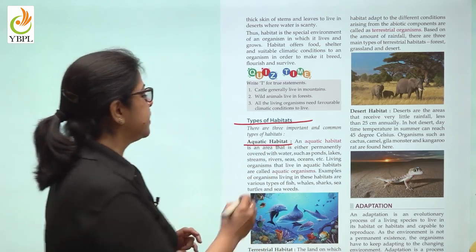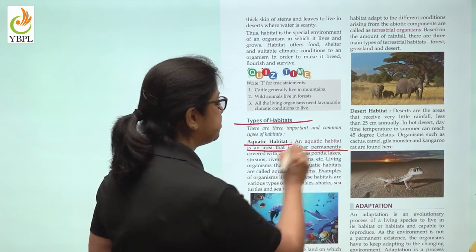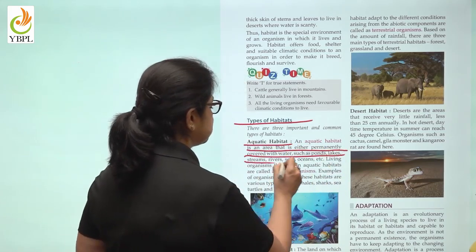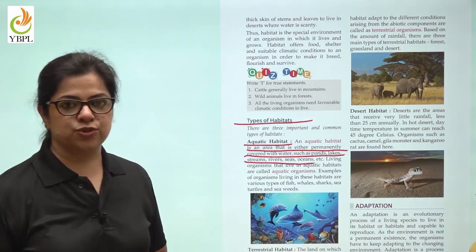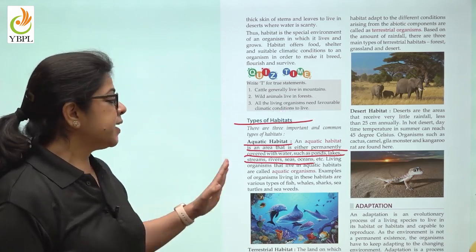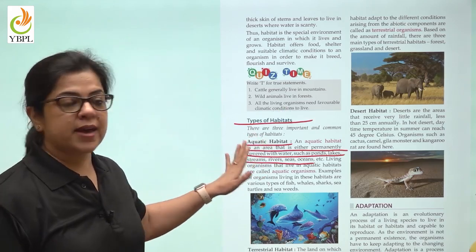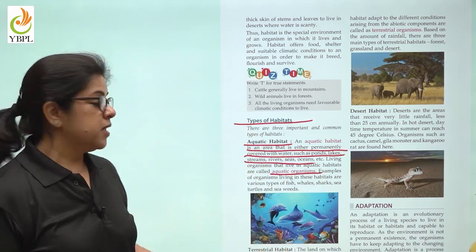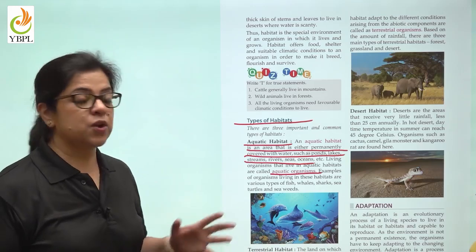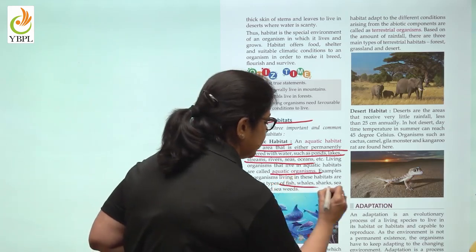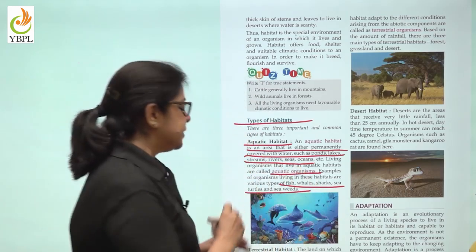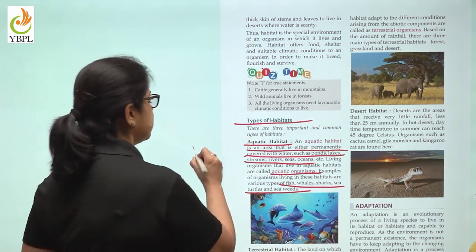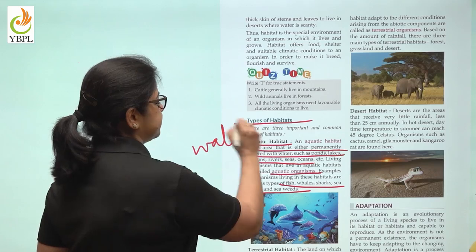Aquatic habitat is an area that is either permanently covered with water such as ponds, lakes, streams, rivers, oceans, etc. Now, living organisms that live in aquatic habitats are known as aquatic organisms. Now, these aquatic organisms, as we all know, are fish, whales, sharks, sea turtles, seaweeds, etc. This was aquatic or water.